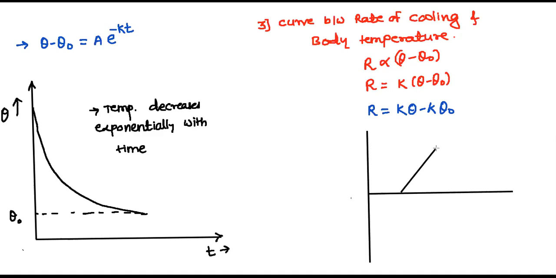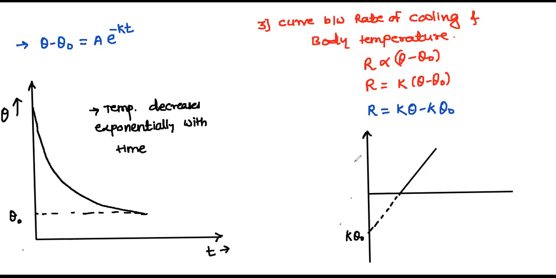You are getting something like this graph, which cuts the intercept like this. So why is it cutting here? Because this is K theta naught value, right?